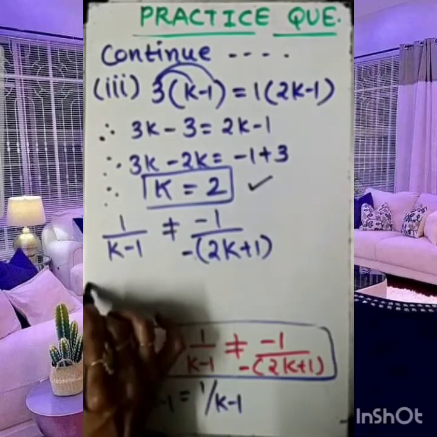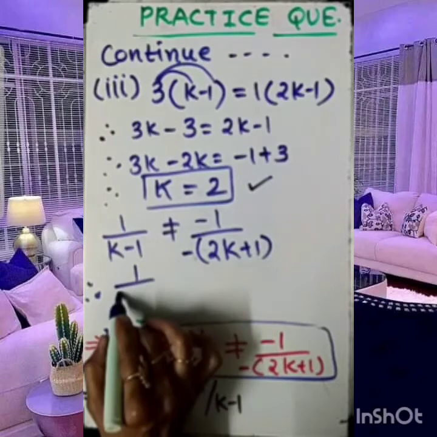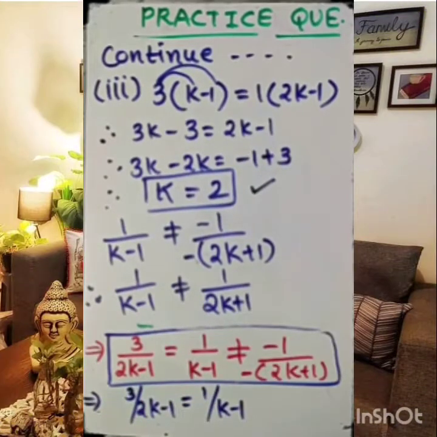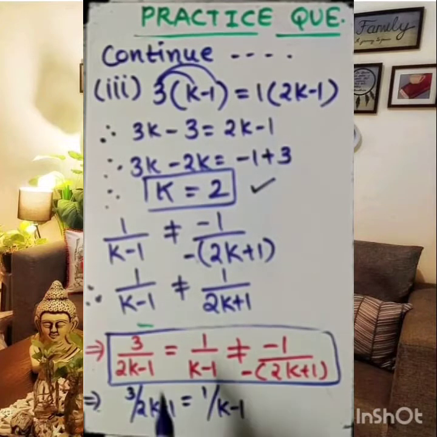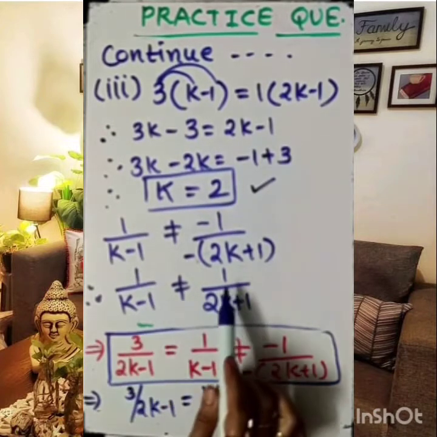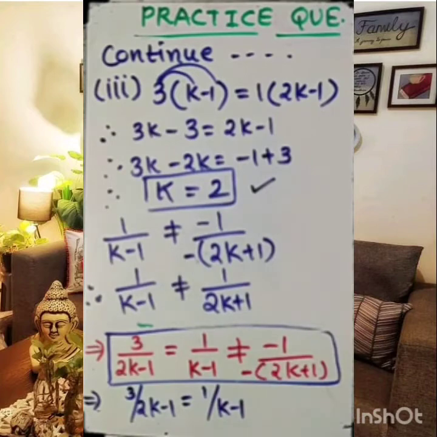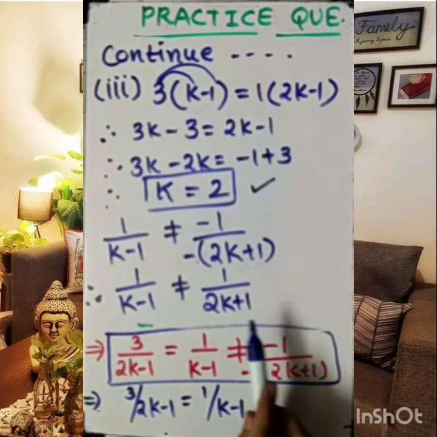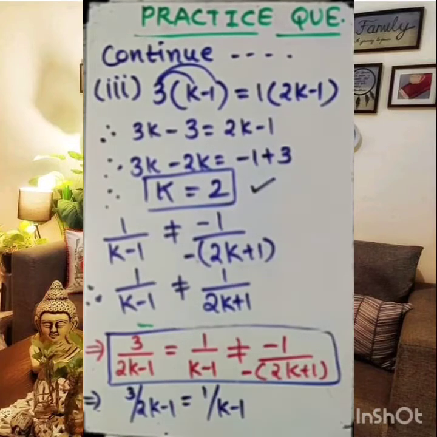So here 1 upon k minus 1 not equal to 1 upon 2k plus 1. This we are comparing with that, minus 1 cancel. So let's have the cross multiplication and let's try to solve that. So what it could be, let's see.